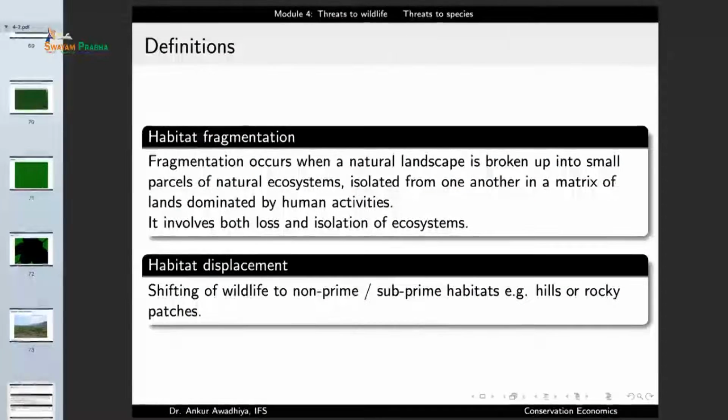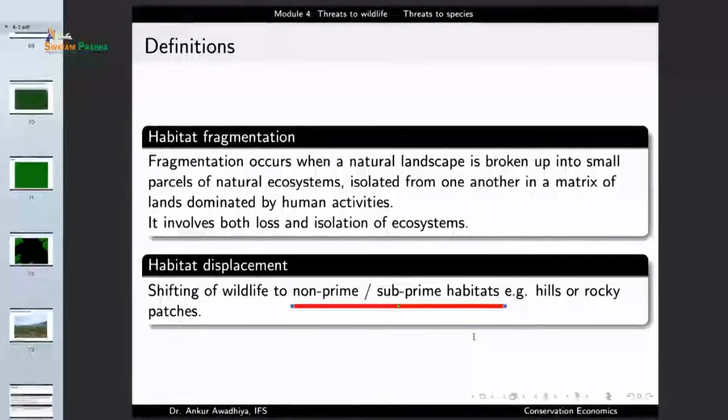So the animals have been shifted from their prime habitats to a non-prime or subprime habitat. Now, why are these hilly areas non-prime or subprime habitats? Because they do not have a sufficient amount of fodder, they do not have a sufficient amount of water, and so they are subprime habitats.